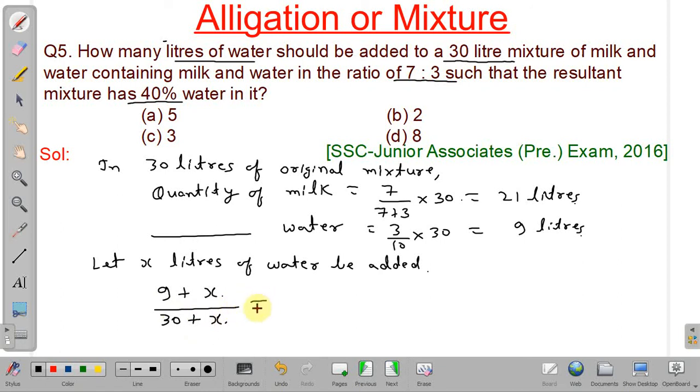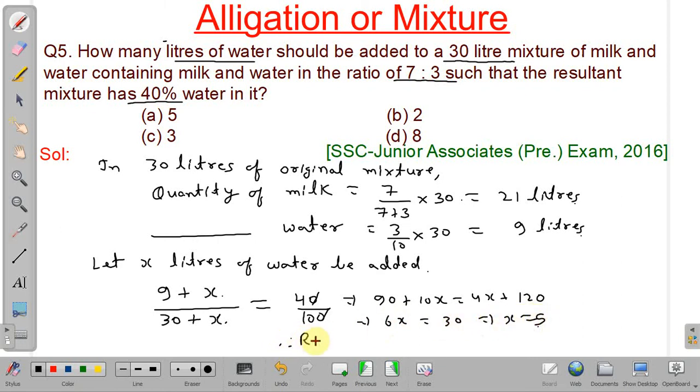So this will be equal to 40 by 100. Now we will cross multiply and find the value of x. So 90 plus 10x equals 4x plus 120. And from this we will get 6x equal to 30. It means x equals 5.